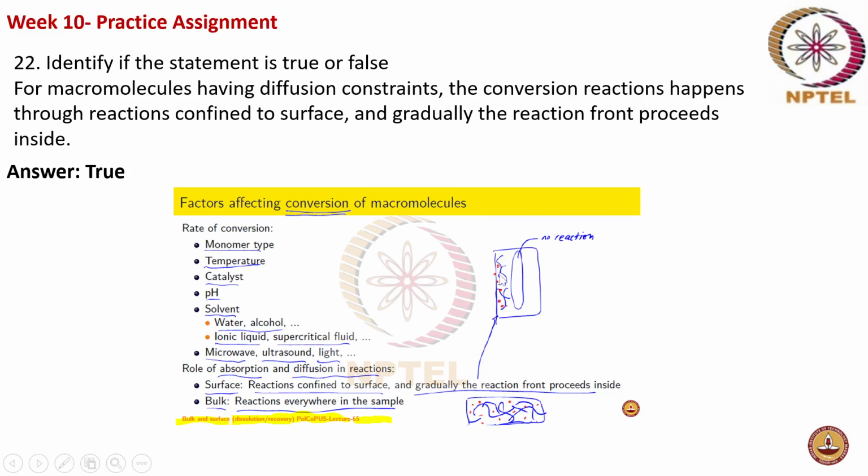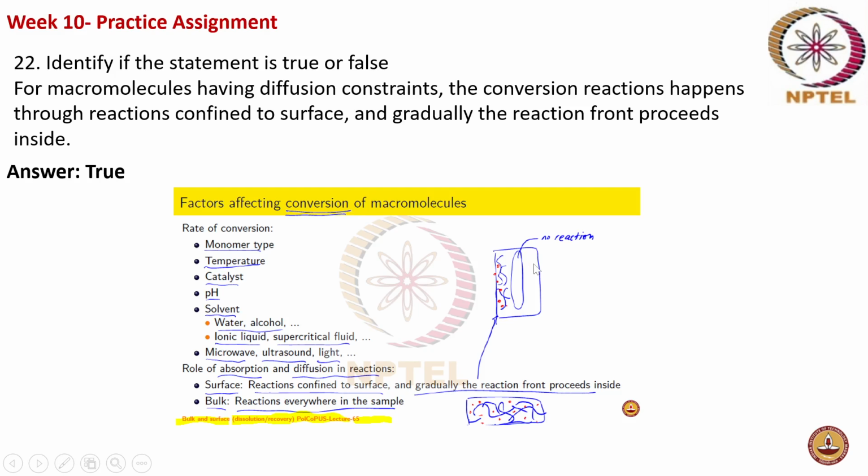So first those molecules interact with the surface and the reaction starts here, and slowly this builds on and proceeds towards the inside. First inside there will be no reaction, only at the front on the surface, and then this moves further inside step by step. Once this front side reaction is done, the molecules start diffusing to the inner portion.